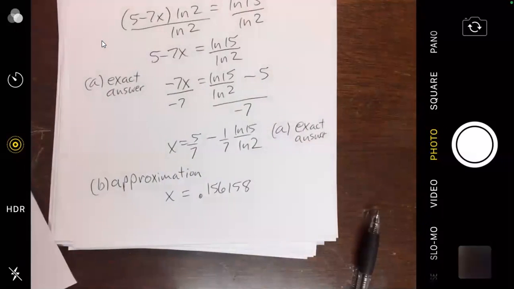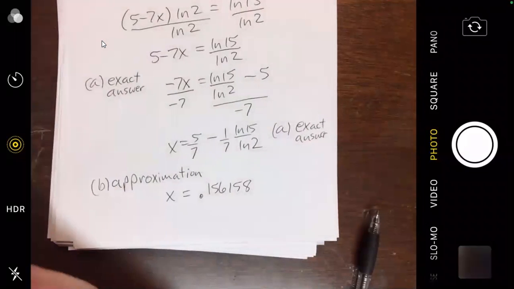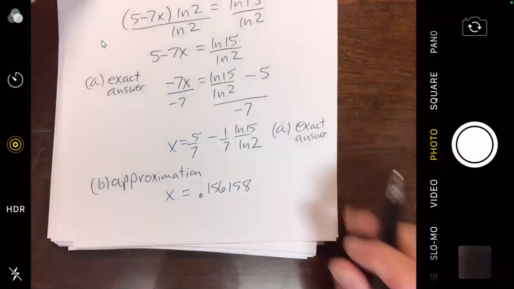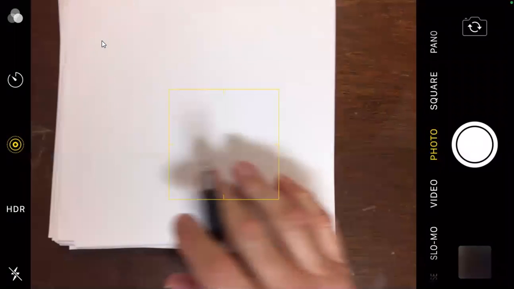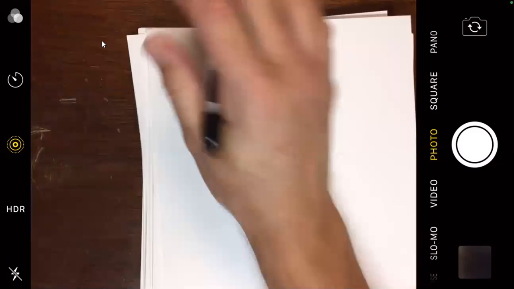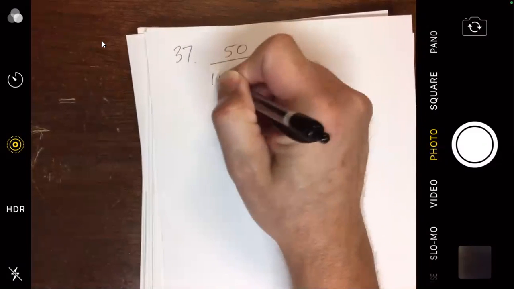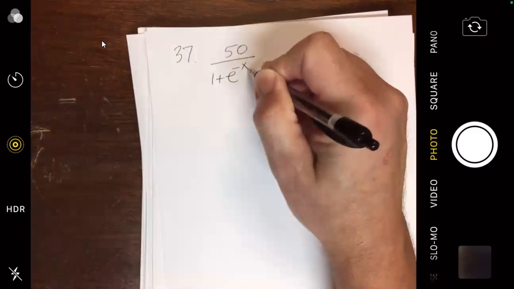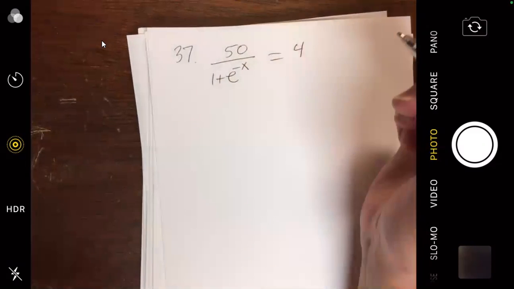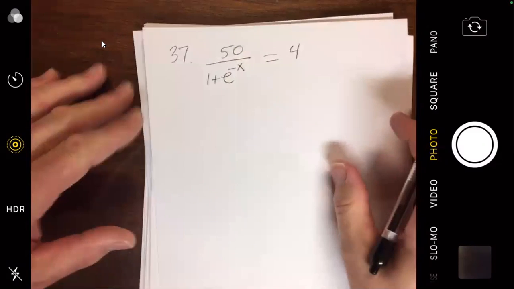Let's see. Further down. I don't think I've done one like 37. Again, chime in if you've got any questions. Will do. Okay, minus x equals 4 then. So there's kind of some beginning algebra.